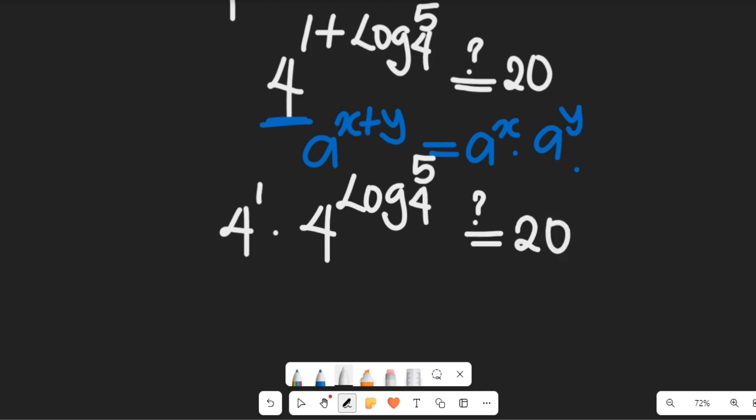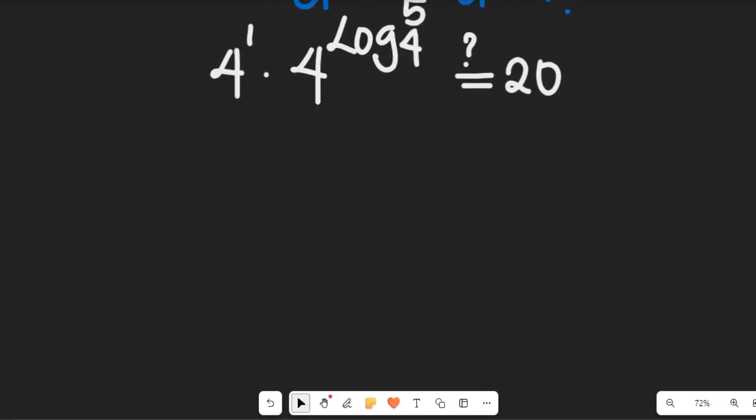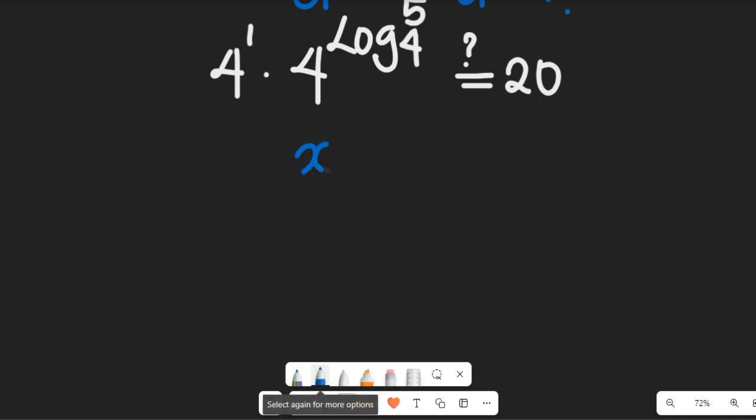From your mind's eye, you can start seeing that this can give us 20. If you recall the law of logarithm, that if you have x to the power of log of a base x, this can be equal to a, because x cancels out x. Same thing goes with this.